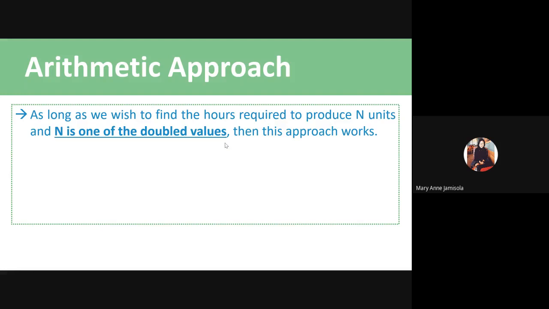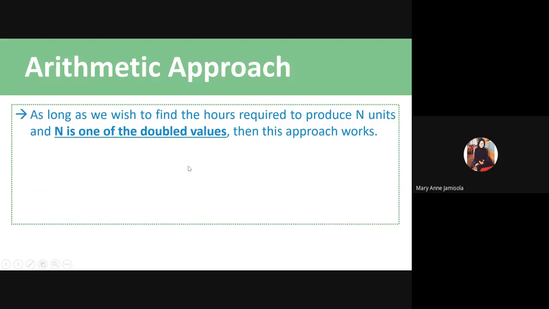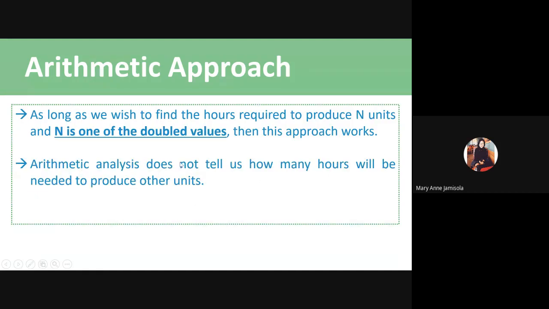Say for example, pangitaan ta og number of hours for the fifth unit. So dire wala may labot si fifth unit because it's not one of those doubled values. So that's the limitation of the arithmetic approach. It does not always tell us how many hours will be needed to produce other units. For this flexibility, we must turn to the logarithmic approach.